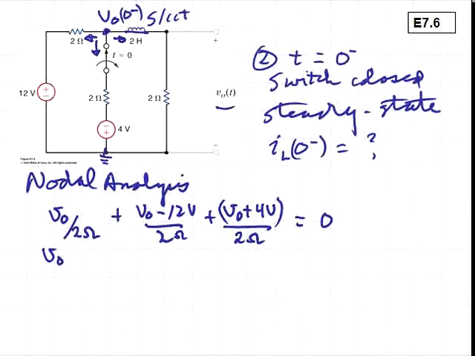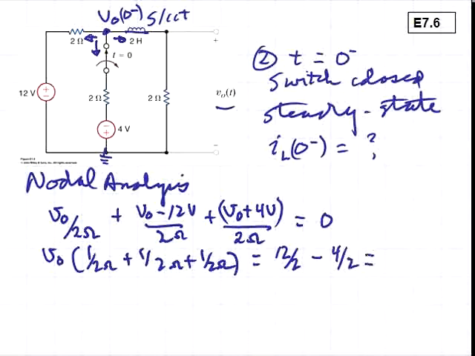Rearranging terms, we have VO times 1 over 2 ohms plus 1 over 2 ohms plus 1 over 2 ohms is equal to 12 over 2 minus 4 over 2, which is 4 amps.